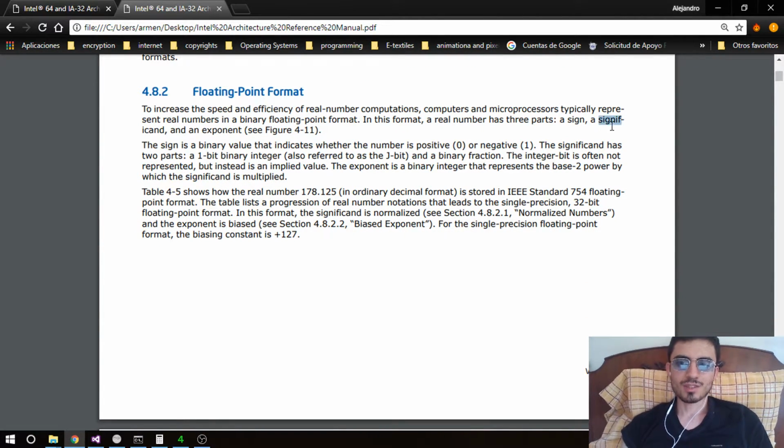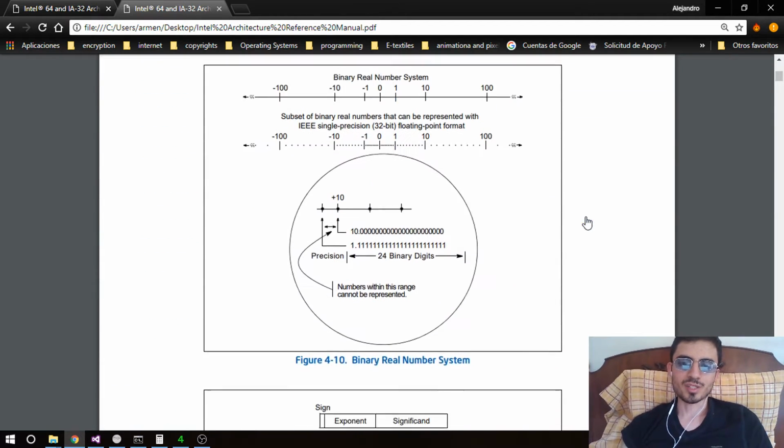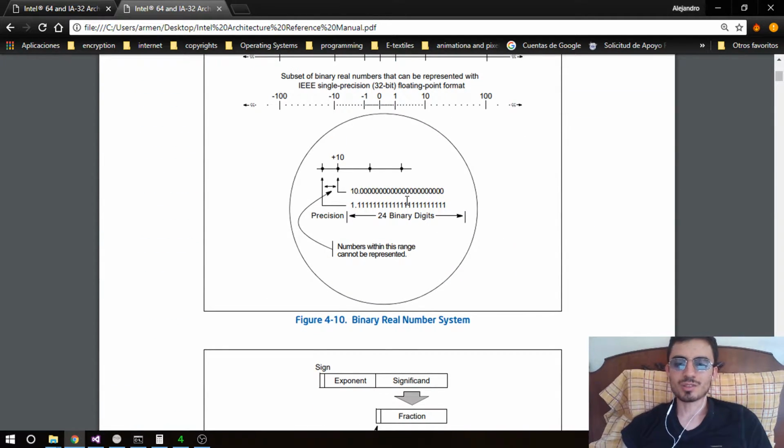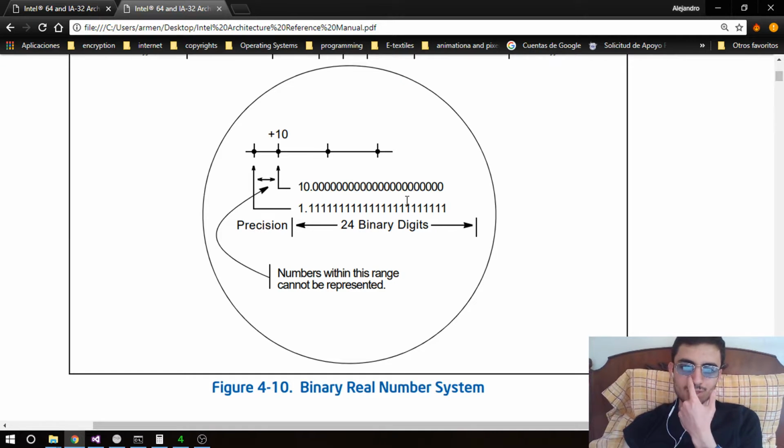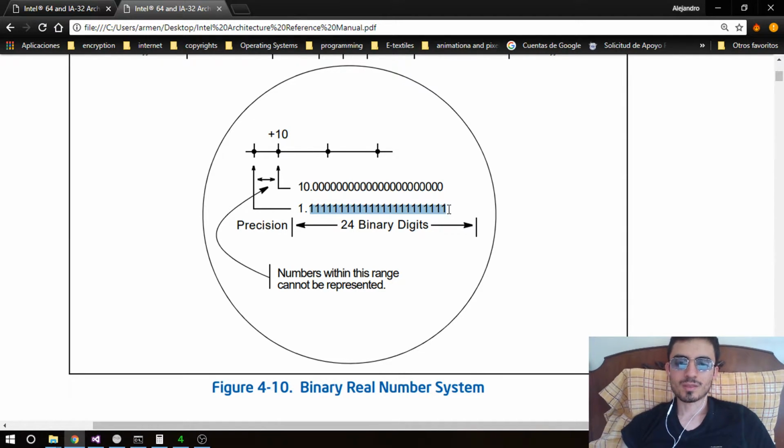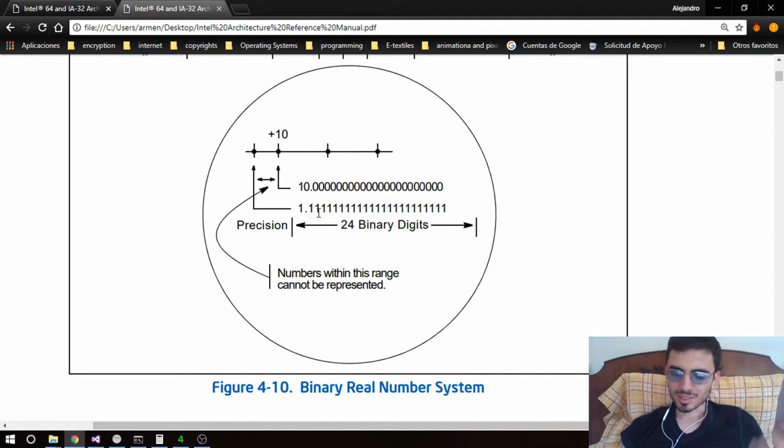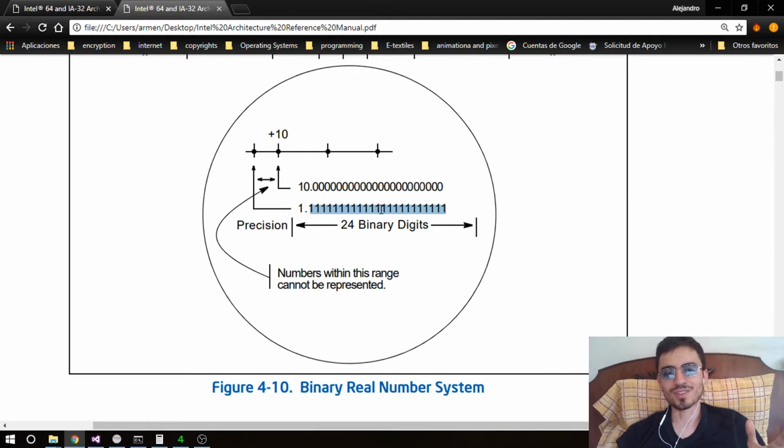It's the significand, but I was saying the precision, or the decimal digits. Yeah, that was the thing I was looking for. It's not decimal because it's binary, but anyway.